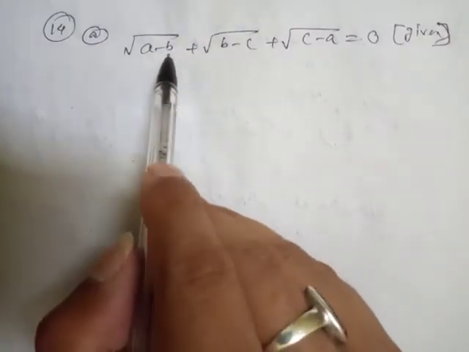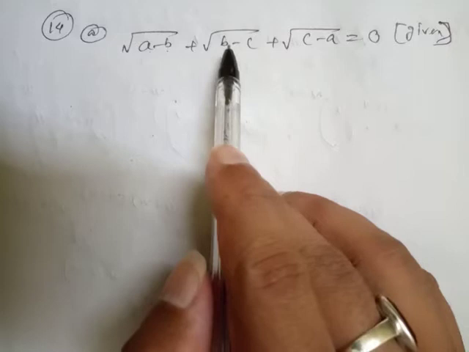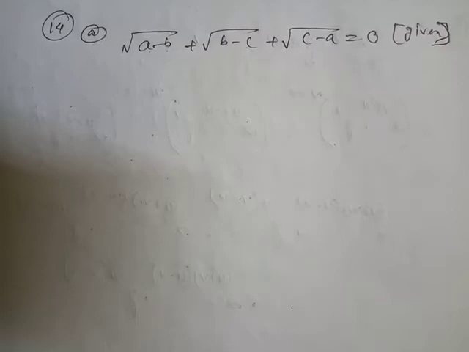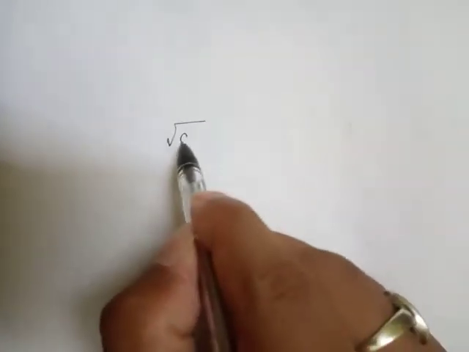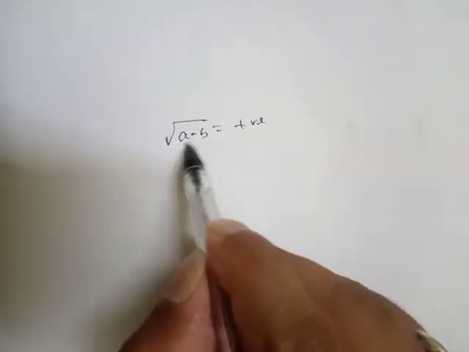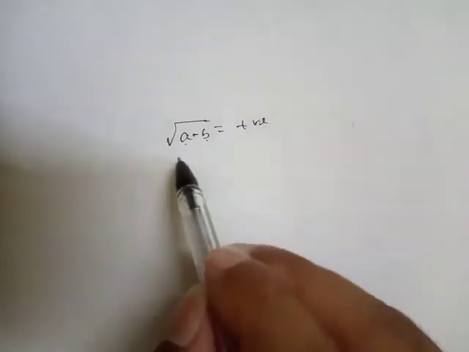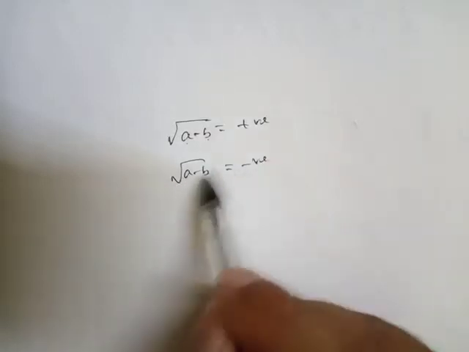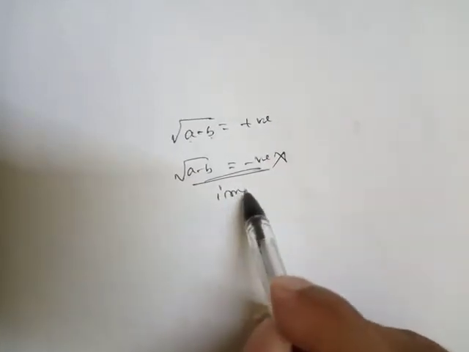I repeat again, a minus b has to be positive, b minus c positive, and c minus a also positive. If it is negative, then we can say that the square root will be imaginary. Look student, inside the root, if a minus b is a positive value, suppose 2 minus 1, it is positive. If a minus b is a negative value, like 1 minus 2, then it is negative. If it is negative, then we can say that it is imaginary.